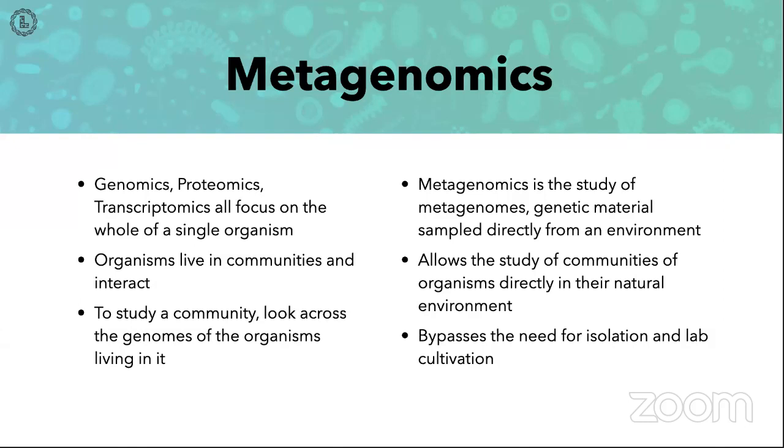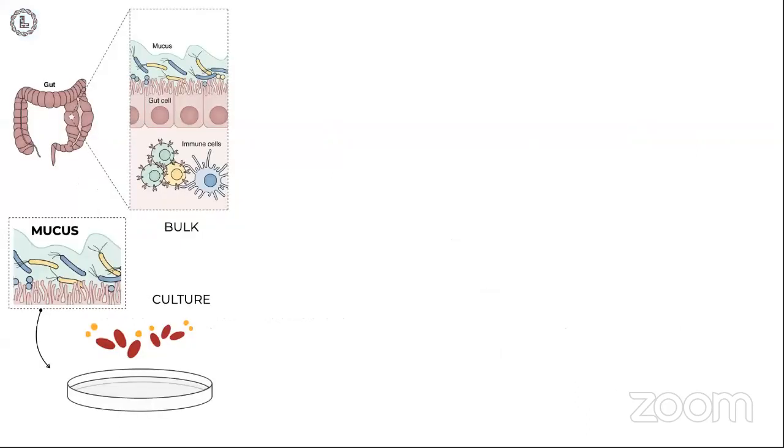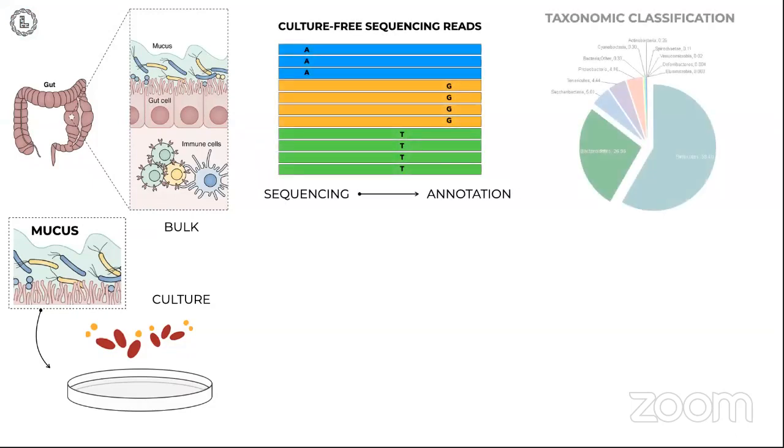However, metagenomic sequencing of microbiome communities and detailed studies of individual members of that community typically work together hand in hand. For example, metagenomic sequencing can be applied to environmental culture-free sequencing to study populations, where we are looking at culture-free sequencing reads using databases to annotate operational taxonomic units and study taxonomic classification.